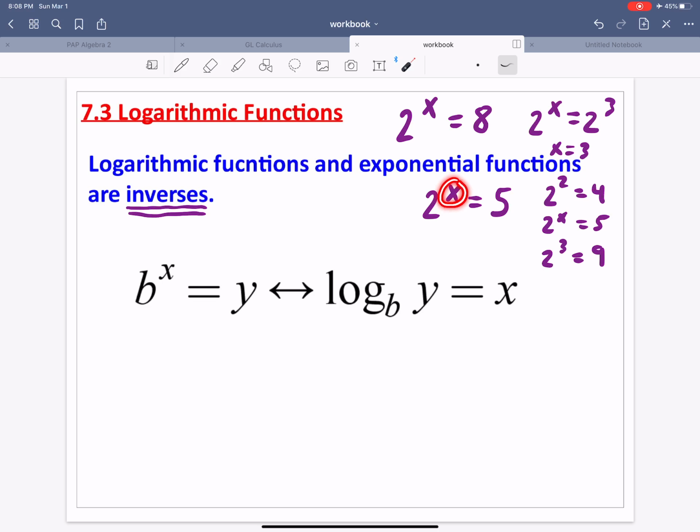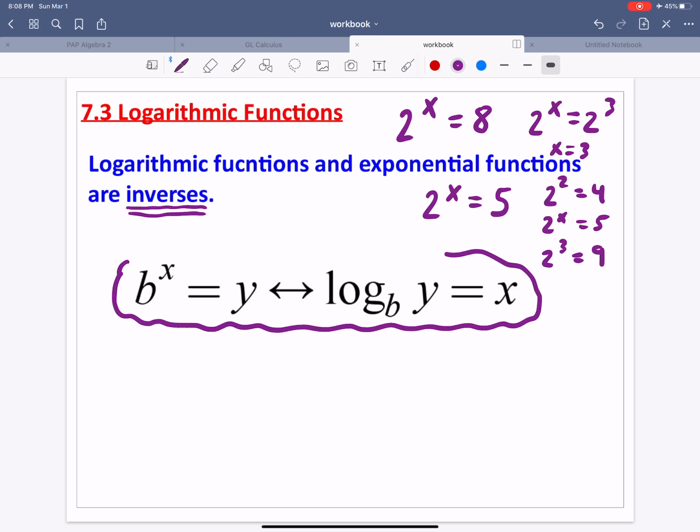Okay, so what a logarithm allows us to do is figure out a way to solve for x. And what we're going to do is use this conversion here, this relationship, if you will, to go from an exponential to a log equation. On the exponential side, we've got base b to the x equals y.